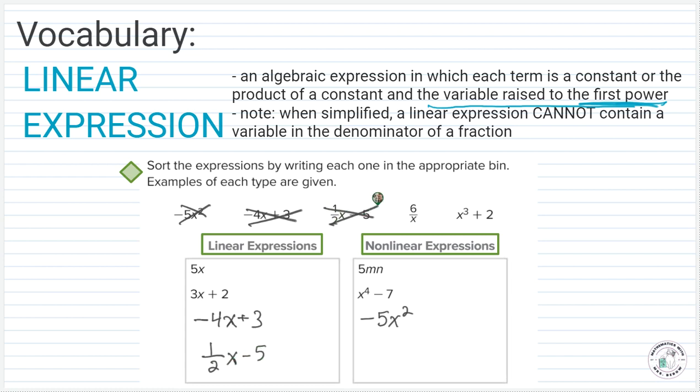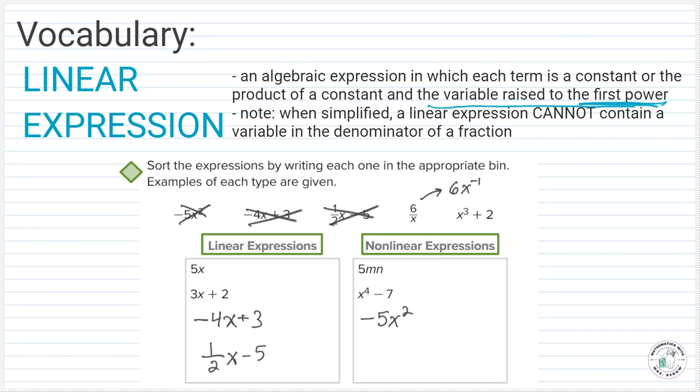Then we have this 6 over x, and so this is where that second portion of our definition comes into play. We can't have a variable in the denominator of a fraction, because this kind of leads us into more of the 8th grade level, but this is the same as 6 times x to the negative 1. That's not to the power of 1, that's to a negative 1. And so that is making it a nonlinear expression.